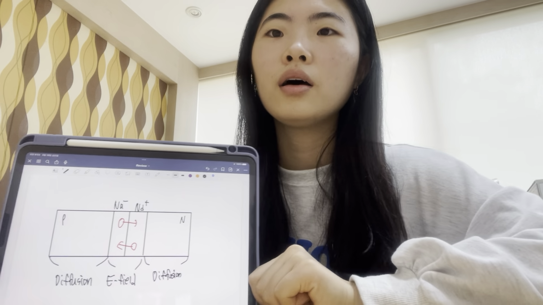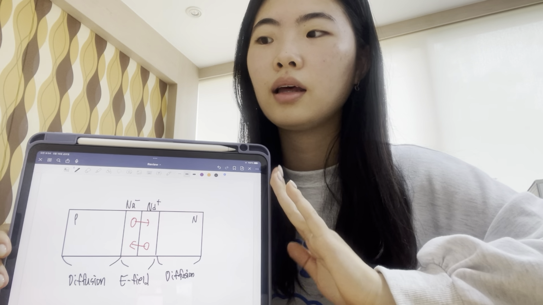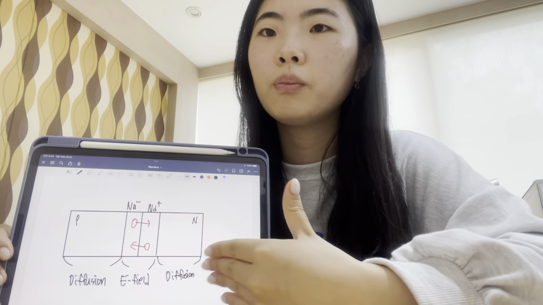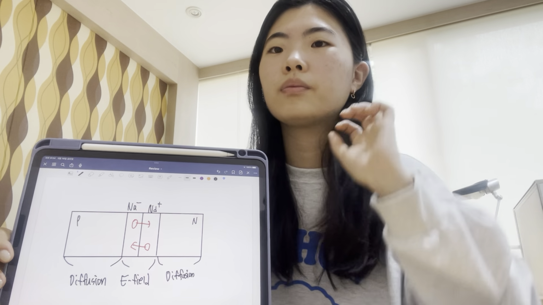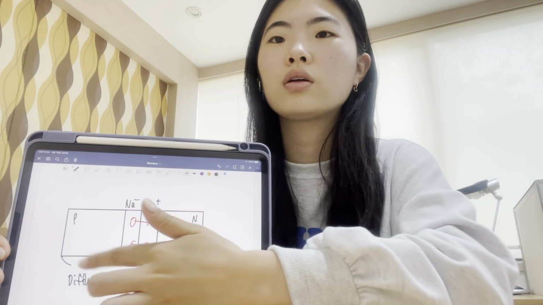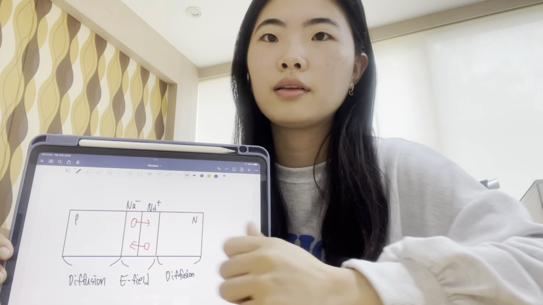And then, from the point of view of the p-n junction, we can draw the p-n junction like this, and the middle of this part is the depletion region.